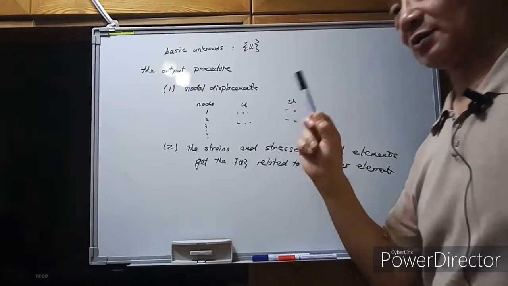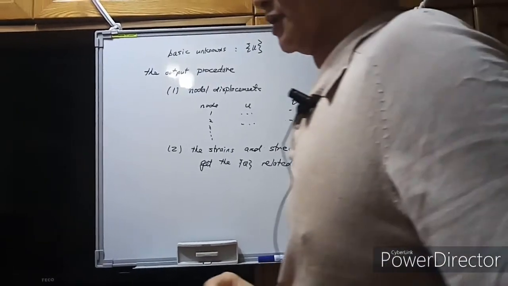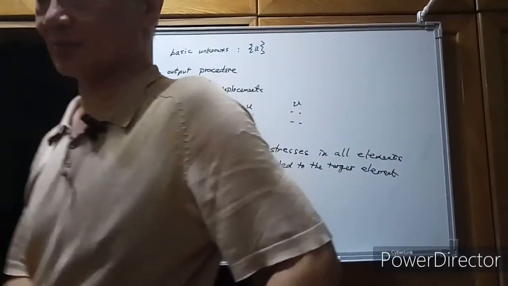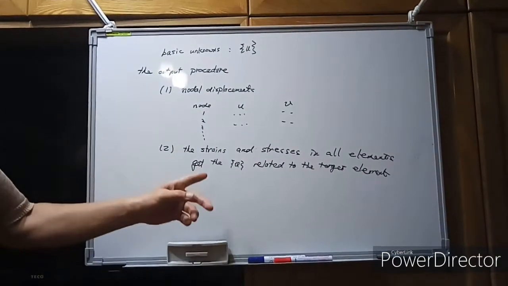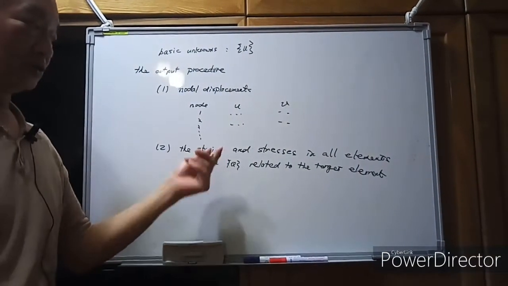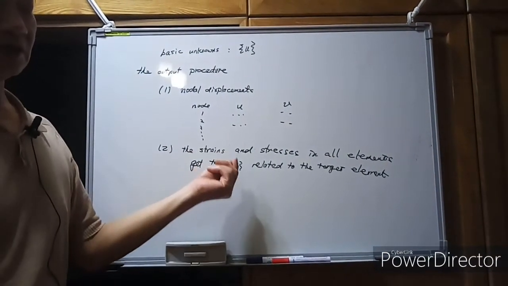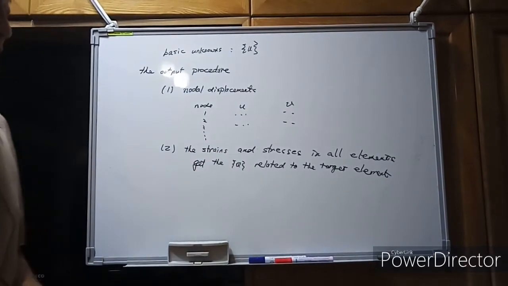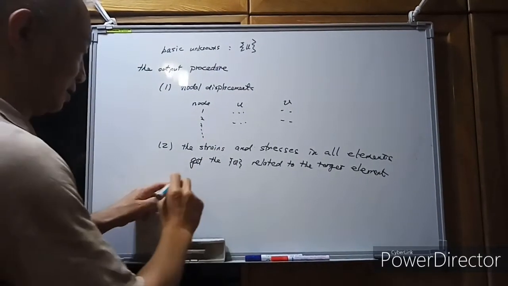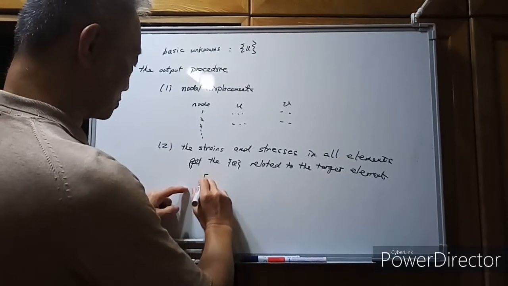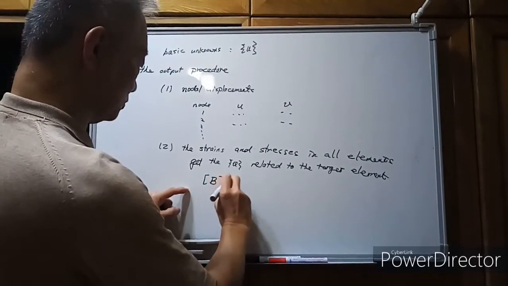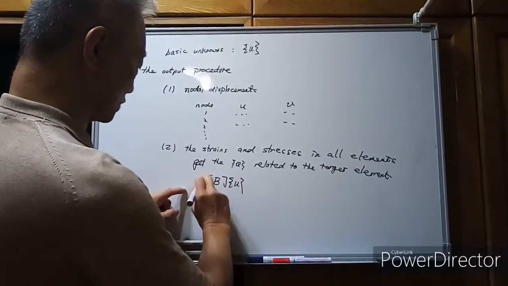You just pick out the required displacements in the global displacement vector u and put them into a small vector, and then we can use B times u to get the strain.